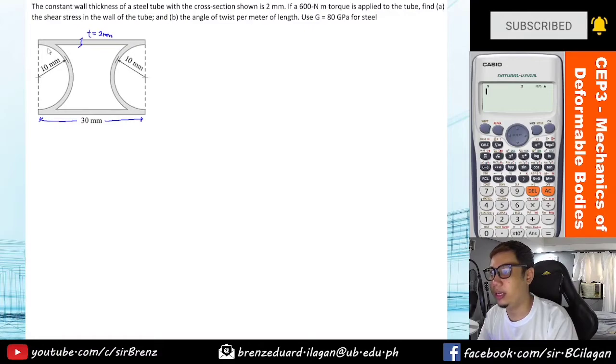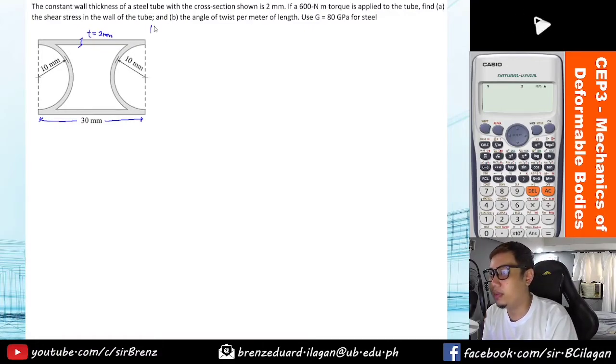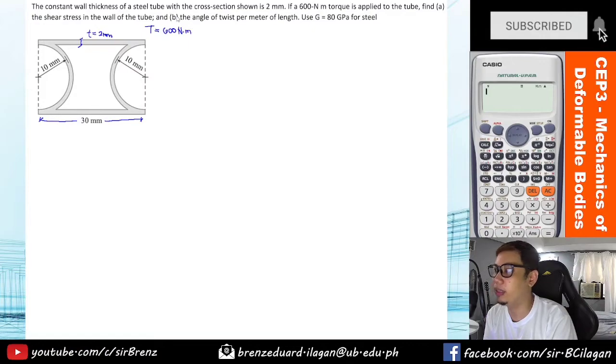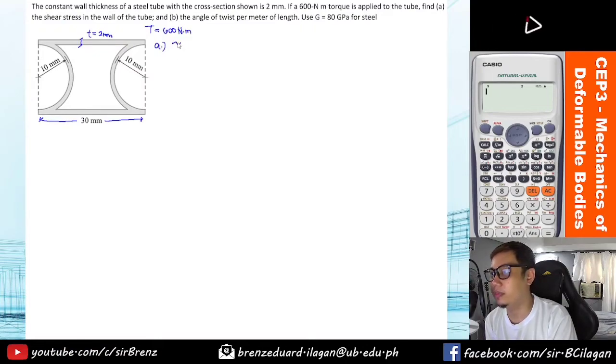Okay, so the radius is 10 mm, and also given in the problem is the torque applied, which is equivalent to 600 Newton meter. So ano ba ang pinapahanap? So for letter A, we are required to solve for the shear stress in the wall of the tube.